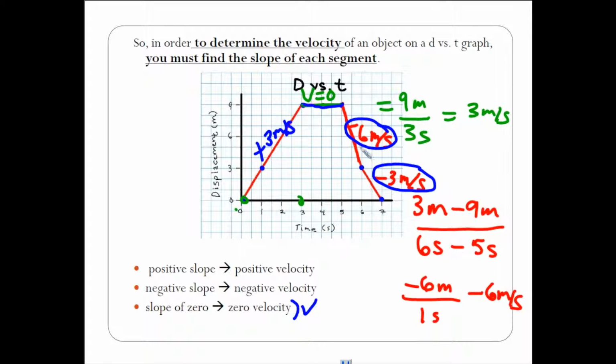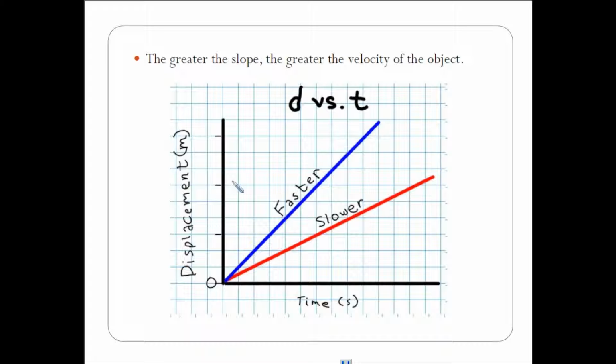And from 5 to 6 seconds and 6 to 7 seconds, we're moving in the negative direction, which means we have a negative slope, which means we have a negative velocity during those intervals. Negative slope, negative velocity. Now, because the slope of a displacement versus time graph indicates the speed of the object, it should make sense that the greater the slope, the faster the object is moving, because it's changing its displacement more over the same period of time.